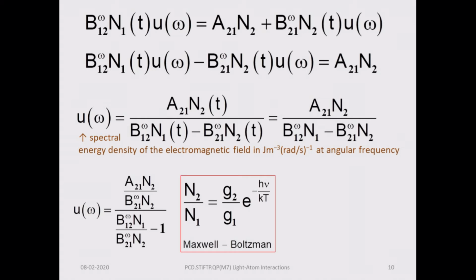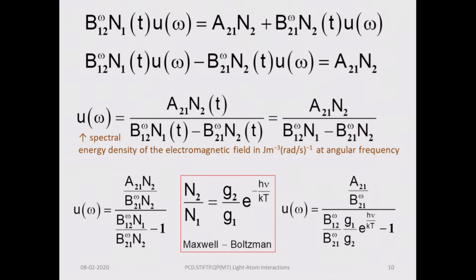So, he plugged in the Maxwell-Boltzmann term to take care of this N2 over N1 ratio, and in the numerator the N2s of course cancel, and now you have an expression which is compatible with the Maxwell-Boltzmann distribution for the spectral energy density. Now, this is what you get by considering the rate equations for emission and absorption, and you get an expression for the spectral energy density.